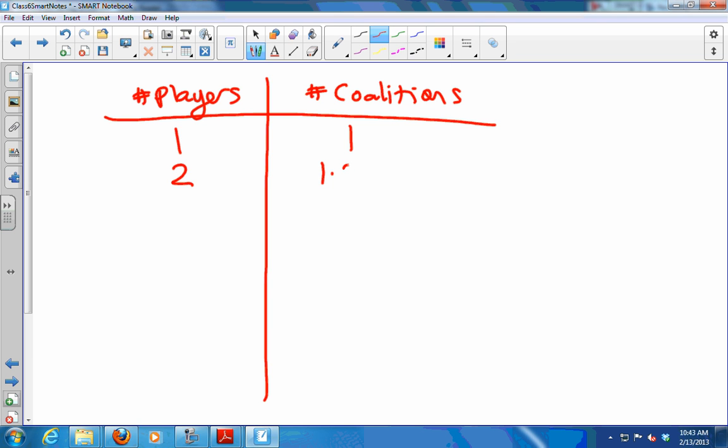So this is 1 times 2. For 3 players, we take these 2 and we multiply by 3. But instead of writing this as 2, I'm going to write it as 1 times 2. I'm not going to actually do the calculation. So this becomes 1 times 2 times 3.